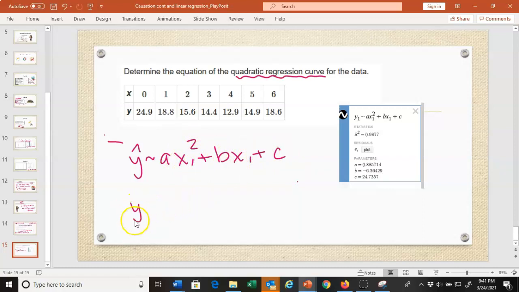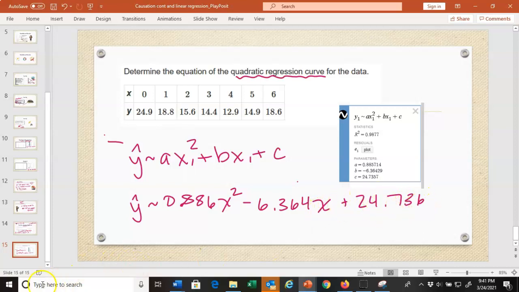So here is our prediction line. And it doesn't say what to round here, so that's interesting. We'll just do the thousands place again. So 886 minus 6.364 plus 24.736. There we go.